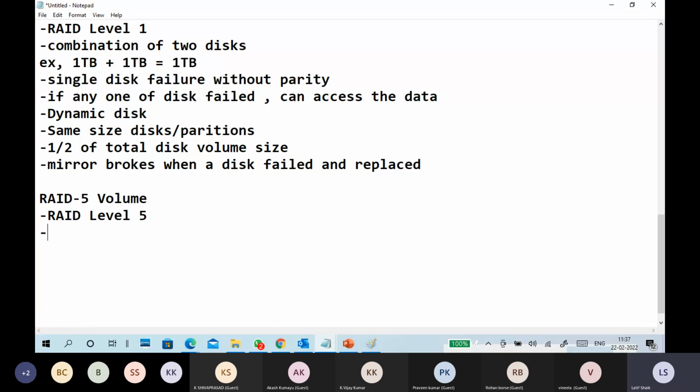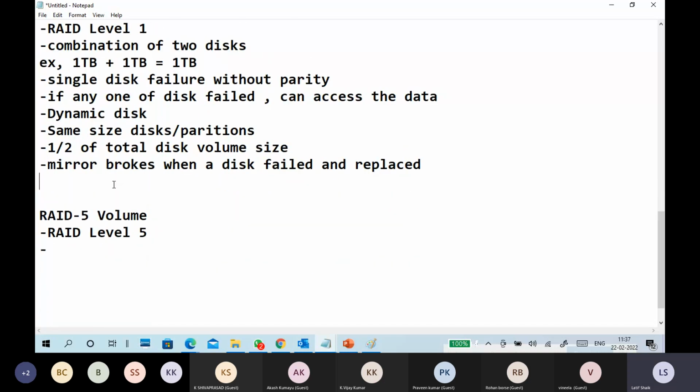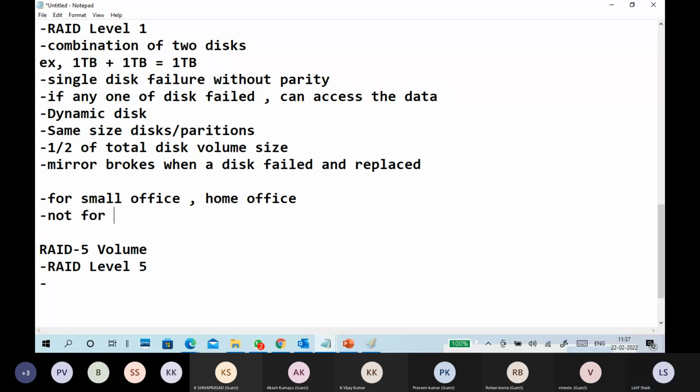5 is enterprise level. Mirror volume I'm simply putting here for separation: mirror volume is for a small office or home office, home purpose, not for enterprise.